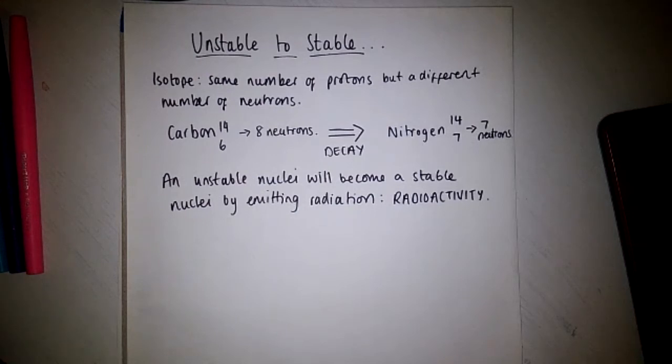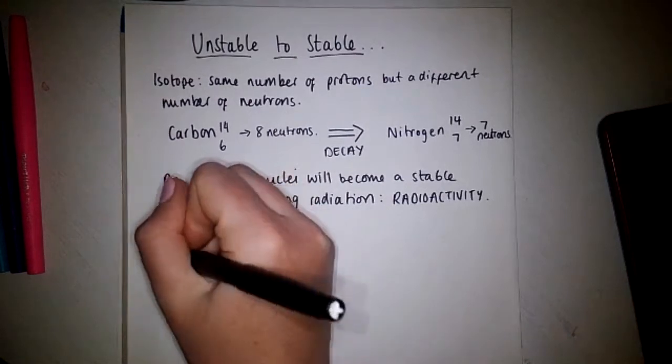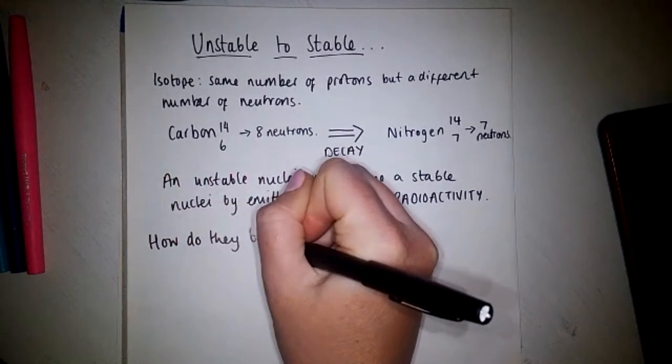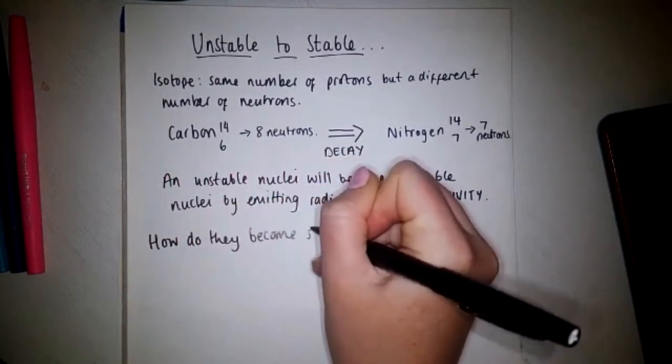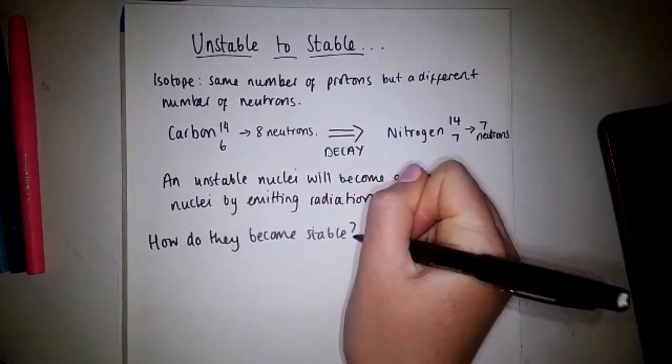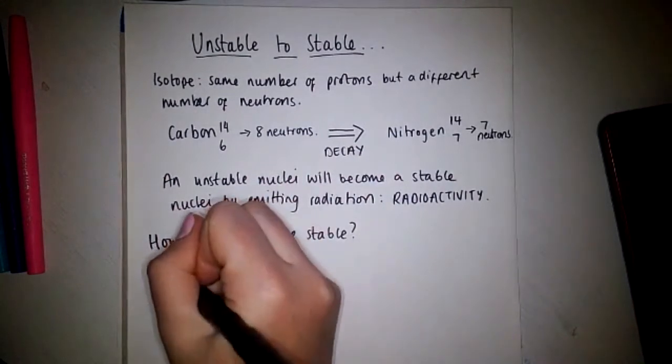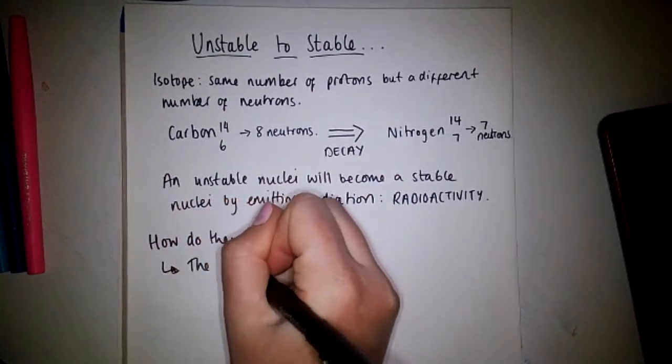The unstable nuclei want to become stable. So how do they do that? Well, they do it by releasing particles from their nucleus.